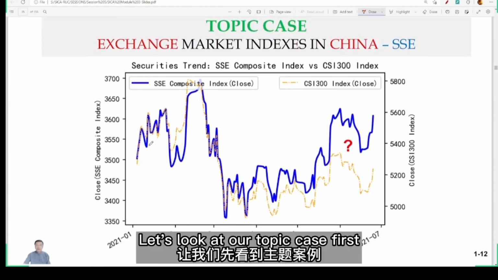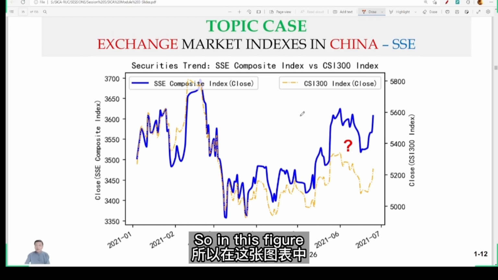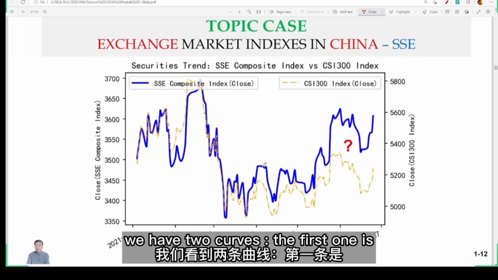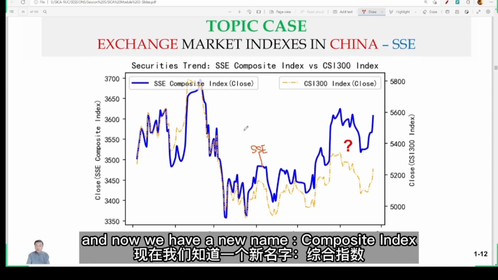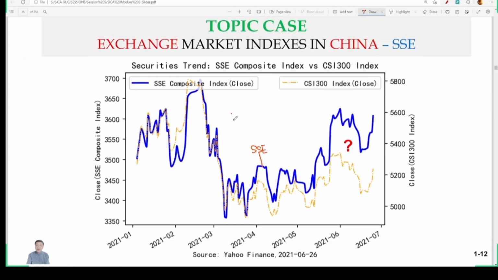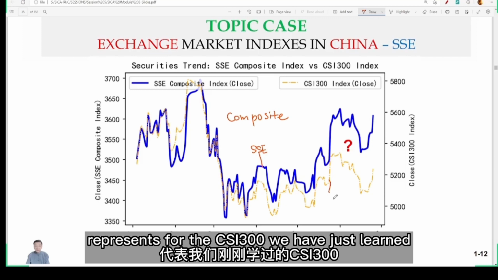Let's look at our topic case first. So in this figure, we have two curves. The first one is the Shanghai Composite Index. Now we have a new name, Composite Index. Then the orange dotted line represents the CSI 300 we have just learned.